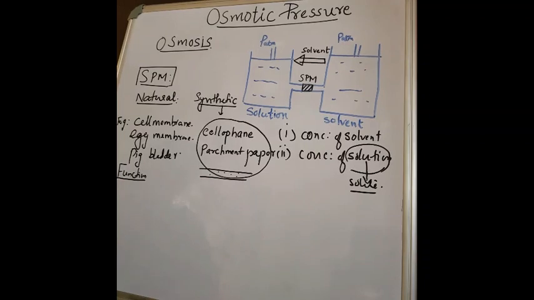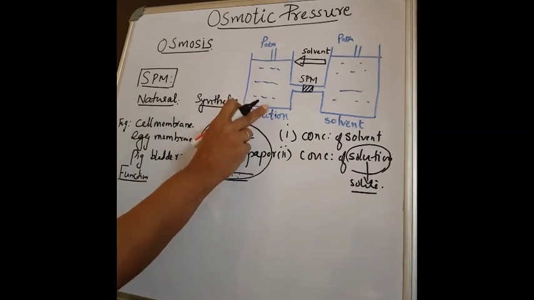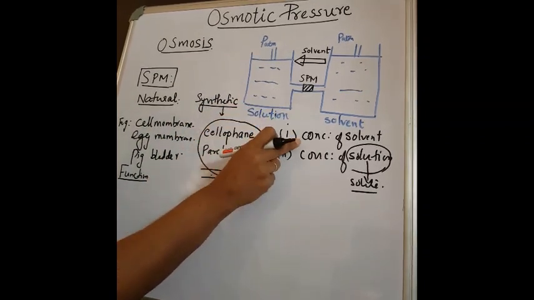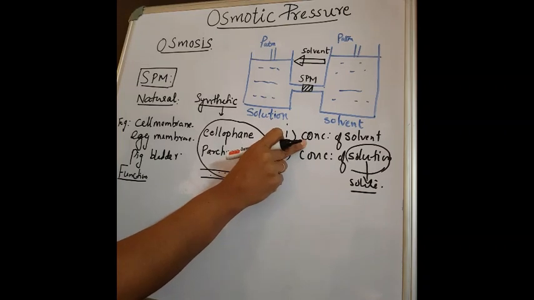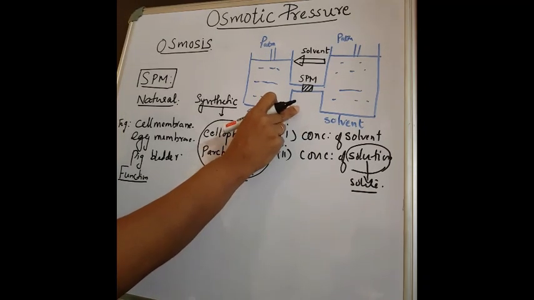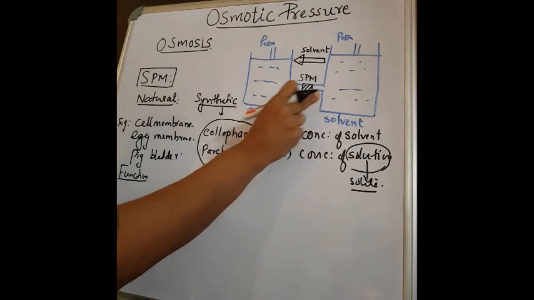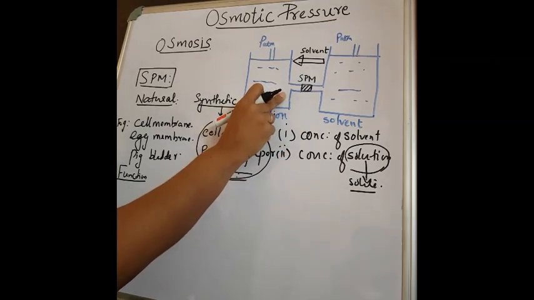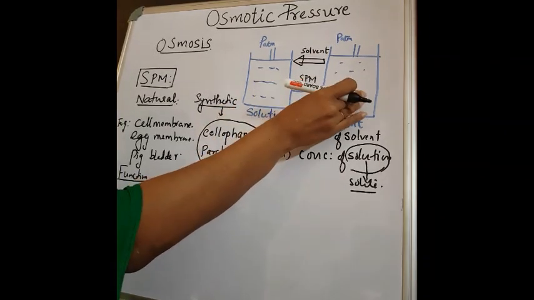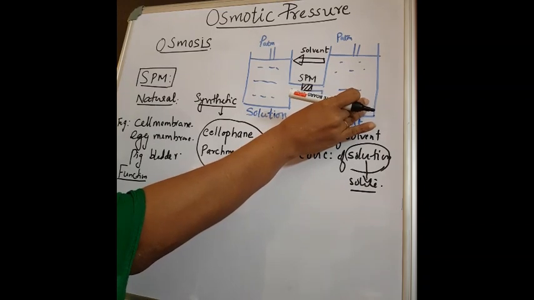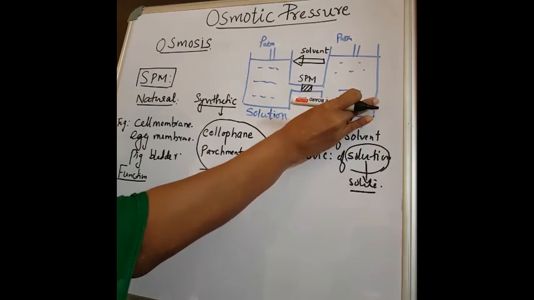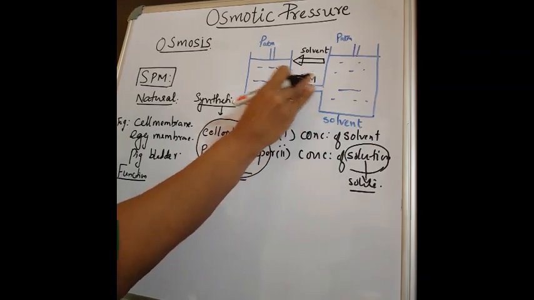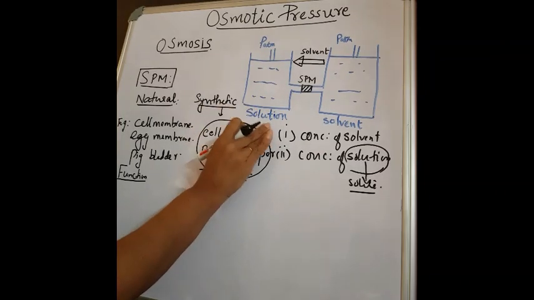Now listen carefully how I will define osmosis in terms of the concentration of the solvent. Osmosis can be defined as the passage of the solvent from its higher concentration, it means where the solvent concentration is higher, to its lower concentration.